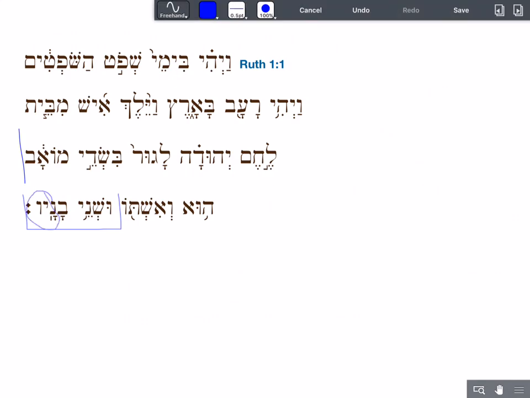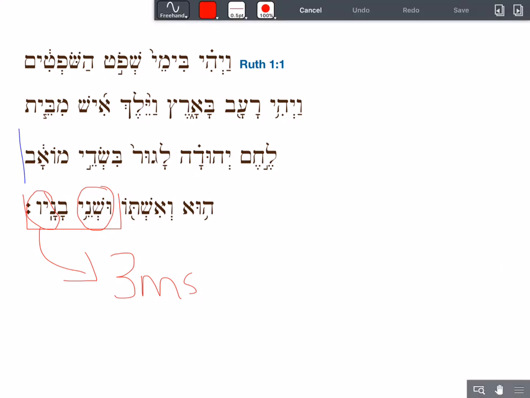Here we also have the 3ms suffix, but this 3ms suffix is for plural nouns. So that's how we know that there's more than one son. We know that there's more than one son because of this word here, but also because of the plural 3ms suffix. If you look, I'll change colors here.